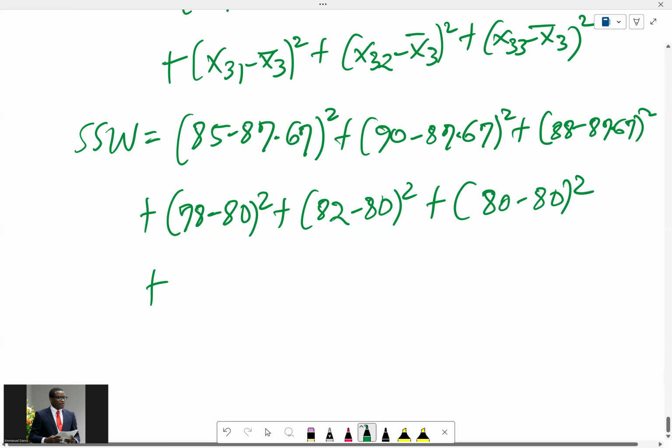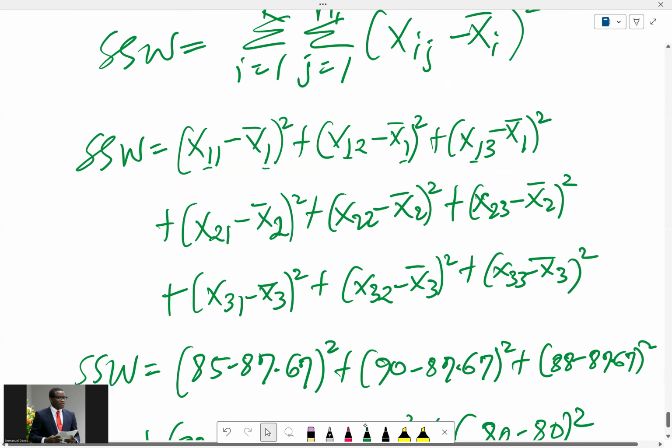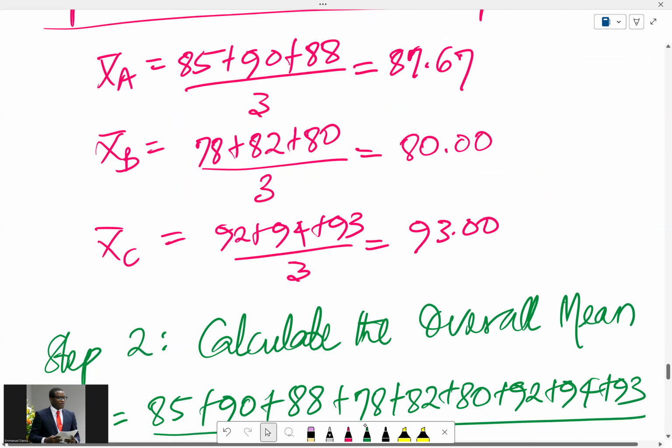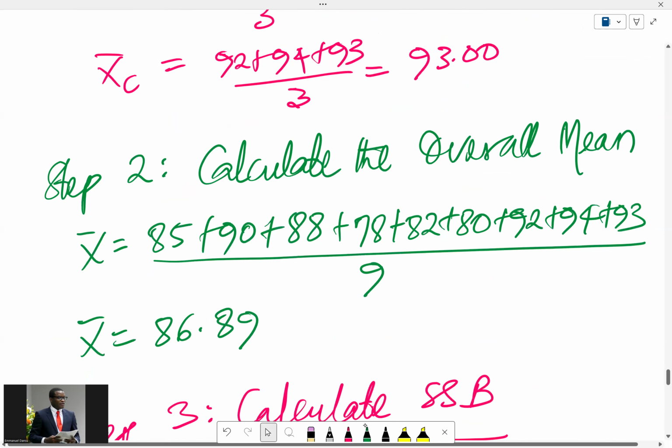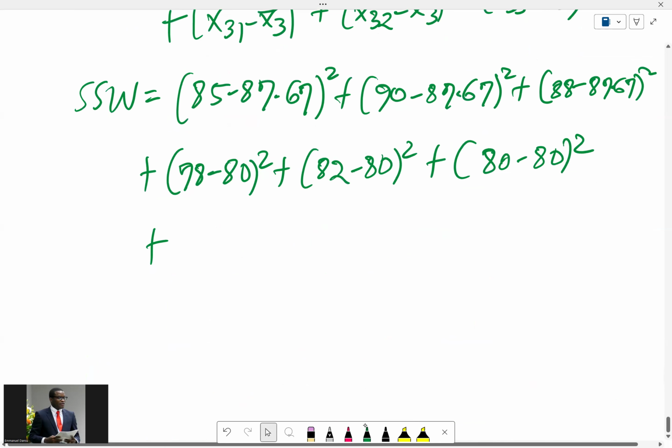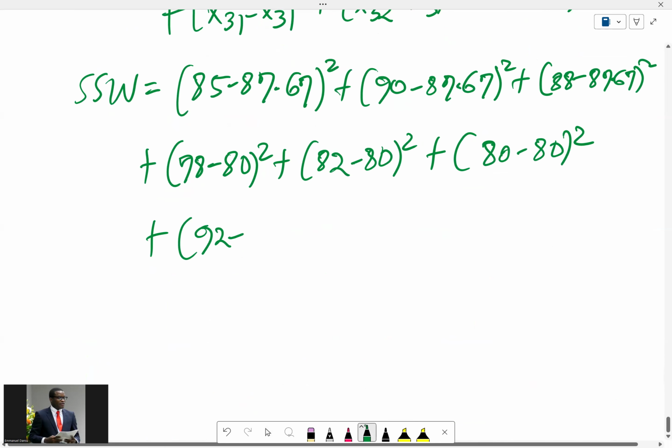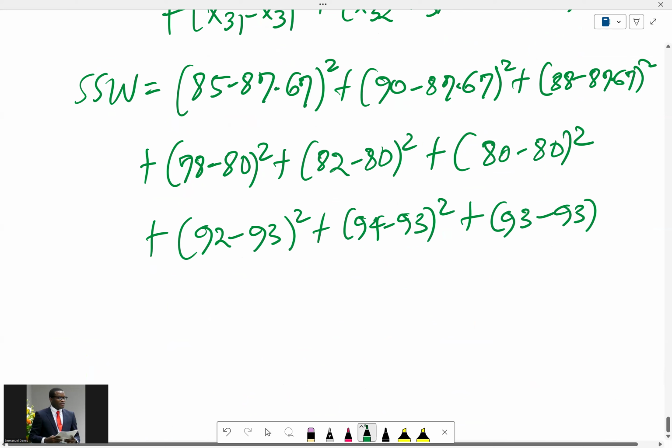That's for group 2. And for group 3, we have 92, 94, 93, and the average is 93. This is 92 minus 93 squared plus 94 minus 93 squared plus 93 minus 93 squared.